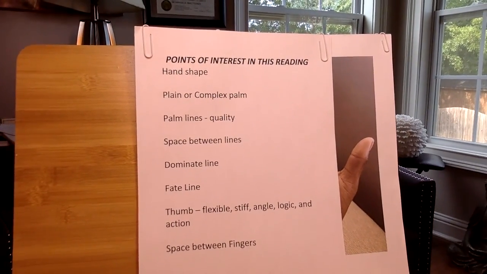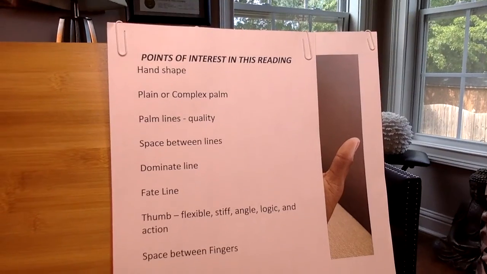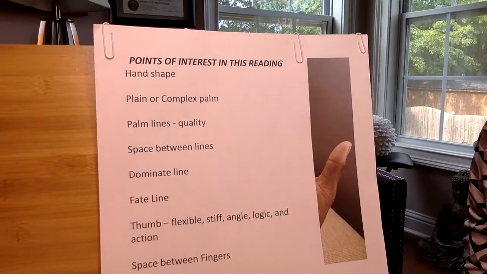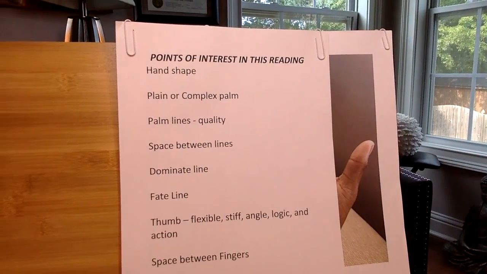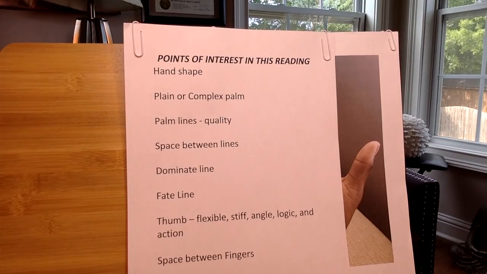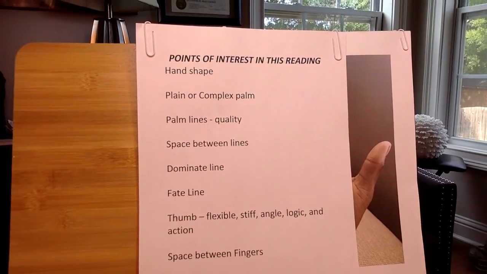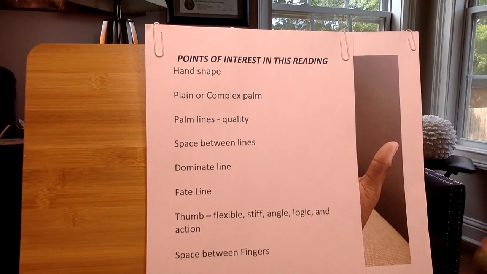All right, as you see on your video, points of interest. We start with the hand shape: plain or complex. Plain means there are not many lines there, but the ones that are there you see very clearly. Complex means there are a lot of lines in the palm.